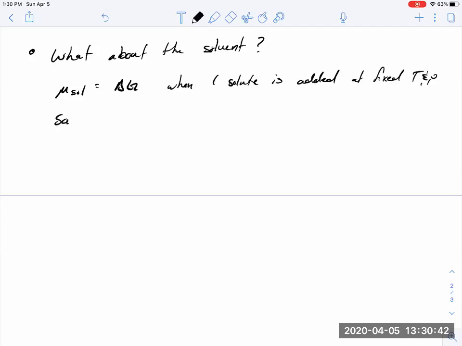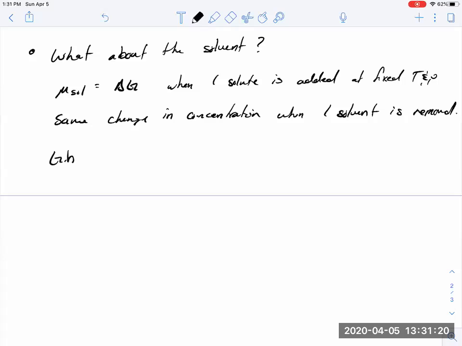We just noted that the same change in concentration would occur when one solvent would be added or removed. If we wanted to relate the chemical potential of the solute to the chemical potential of the solvent, you all know what equation we should think about. The equation which relates changes in potentials is the Gibbs-Duhem equation.